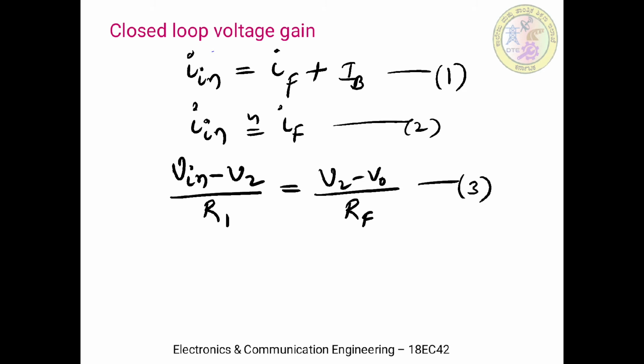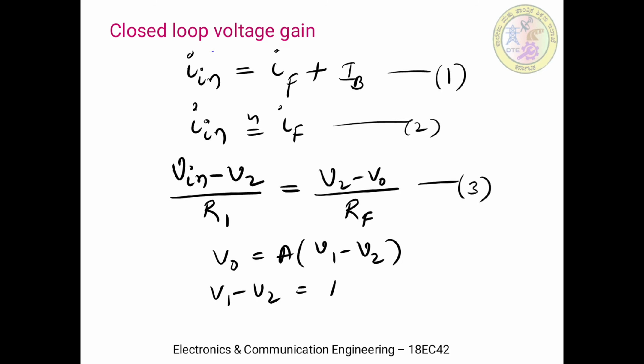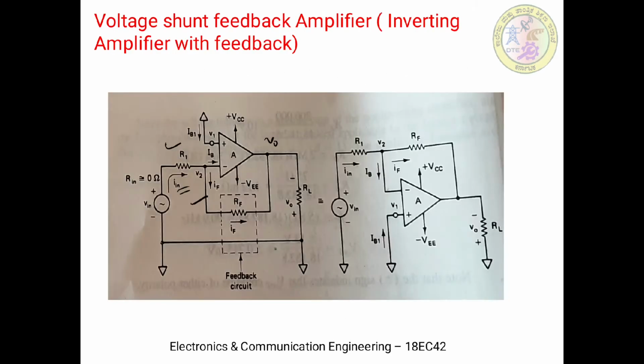But we also know one relation, that V0 is equal to A into V1 minus V2. Or V1 minus V2 is equal to V0 divided by A. In this equation, what is V1?